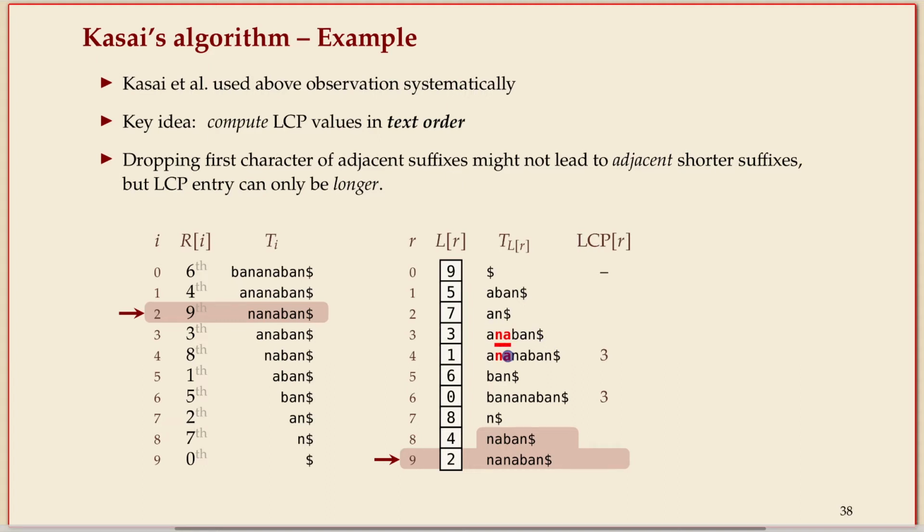If this and this agreed on the first 3, after deleting the first one, these still agree on the first 2. And so really what's happening is just we take the previous LCP value we wrote and subtract 1. You don't really have to check which suffixes are involved, etc. That was just for explanation. The algorithm just says, okay, I know 3 was the last value, so 2 are definitely the same. I don't have to check. And then you keep reading. This time we have a mismatch here, so we leave it at that.